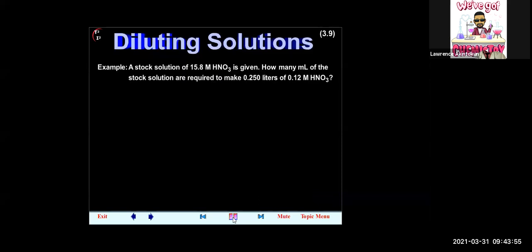Example: a stock solution of 15.8 molar HNO3 is given. How many milliliters of the stock solution are required to make 0.250 liters of 0.12 molar HNO3?